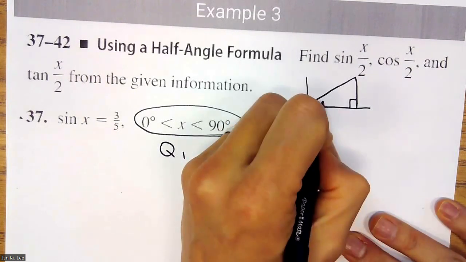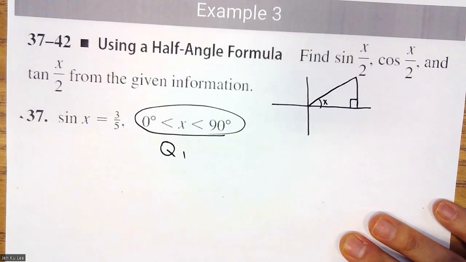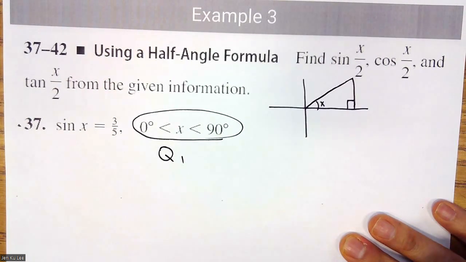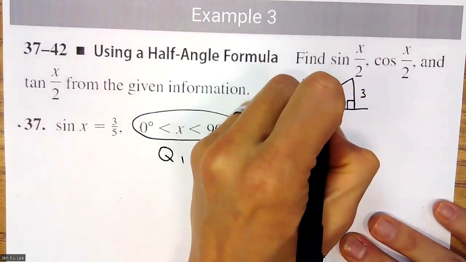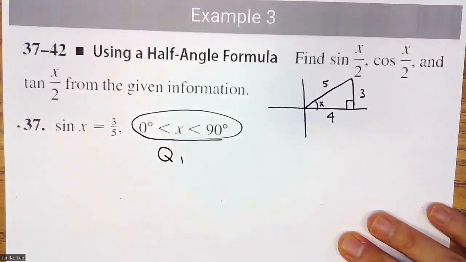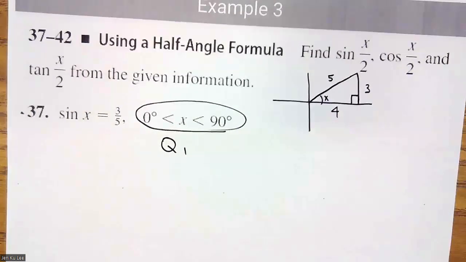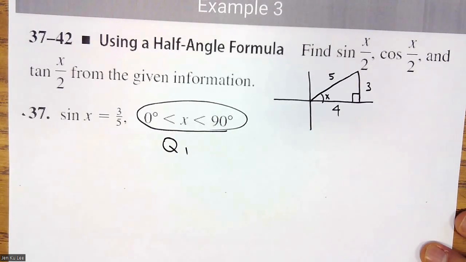Sine is 3 over 5, so that's my x. Sine is 3/5, so this is 3, that's 5. To use the Pythagorean theorem or know the Pythagorean triplets, it's a 3, 4, 5 triangle, so that's a 4. Okay?